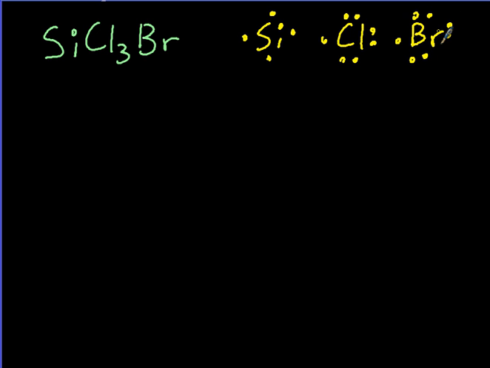These are halogens. So 7 times 4, and then you add 4. That is 32. It is a total of 32 valence electrons.